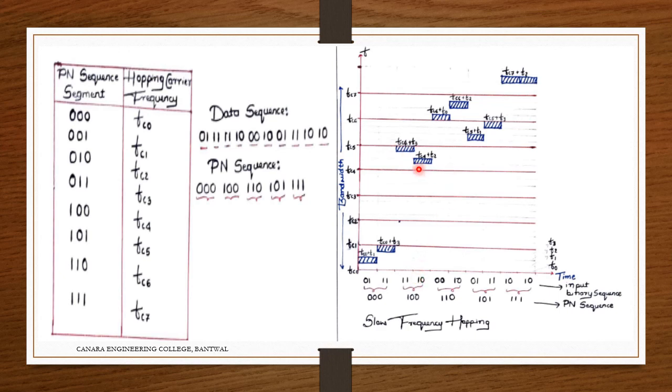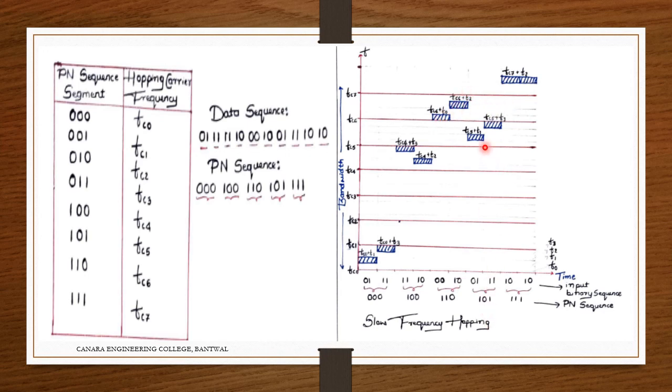Next 1 0, 0 0 1 0. FC2 here. It is going to map with the 2. Then similarly for 0 0 1 0. So 0 0 here, for which one? 1 1 0. 1 1 0 is FC6. Then 0 0 1 0.